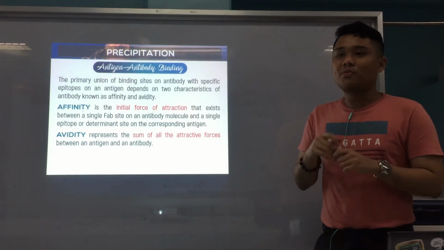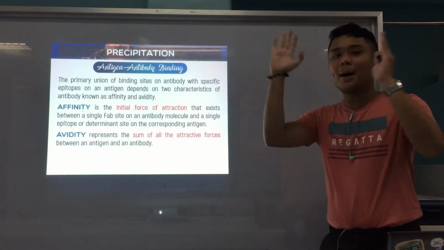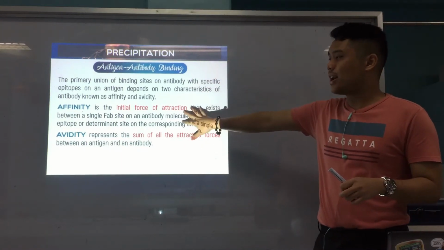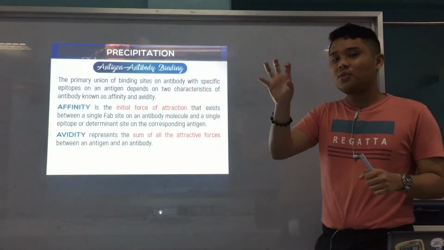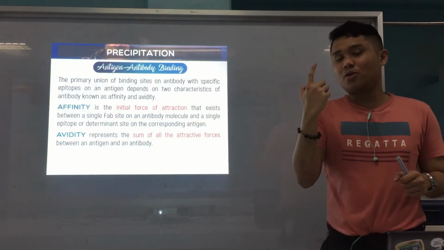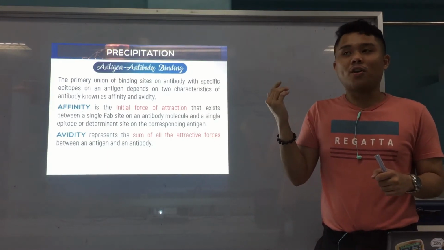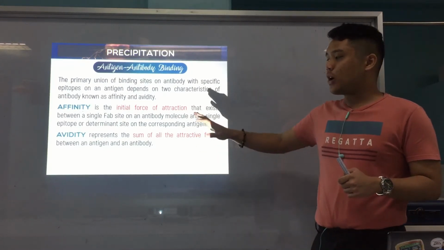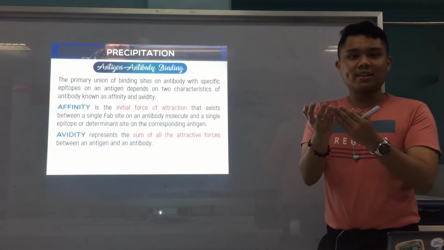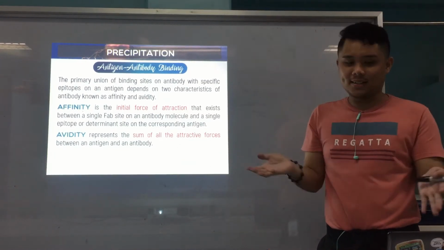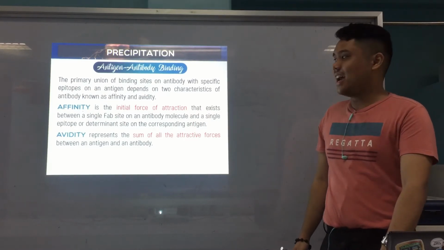The key term is the sum of all the attractive forces. In affinity itself, it's only the initial force of attraction, only one force behind that, for example a hydrogen bond or van der Waals. But for avidity, it's the sum of all: hydrogen bonding, van der Waals, everything.